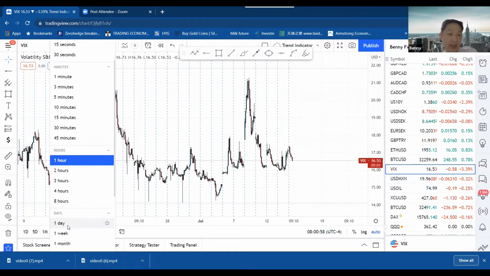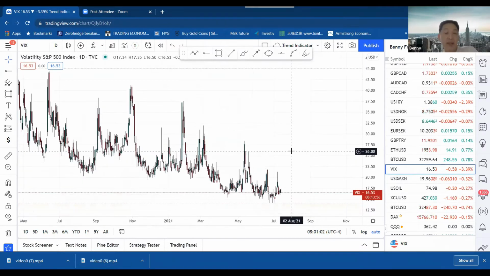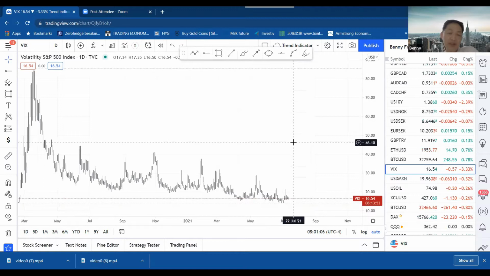So it tells me the market is more willing to take on risk than avoid risk. If that's the case, I would like to look for a bullish play on the yen cross. But it doesn't mean that I cannot take a short on the yen cross.